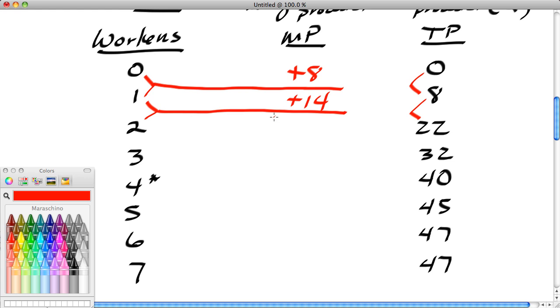It could be that 1 worker, we're assuming this, if 1 worker makes 8, this 1 worker is working with 16 machines and is running like crazy. When that worker is between machines, running from, let's say, machine 4 to machine 1, that worker has not got his or her hands on that machine. Okay, the worker is actually between machines, so isn't working on a machine. Now, if we could have 2 workers, you wouldn't have to have as much running time.